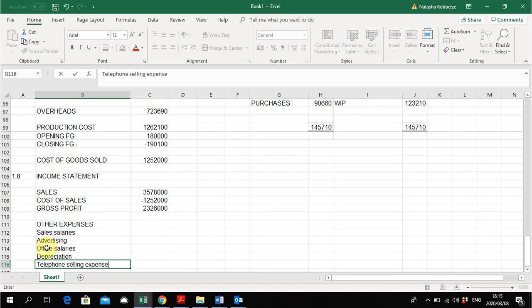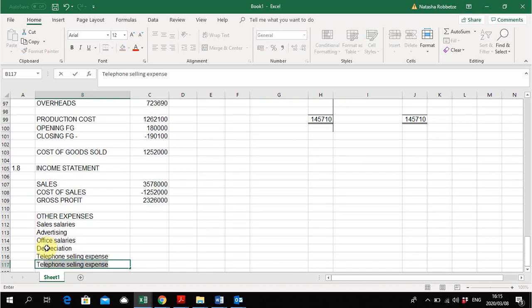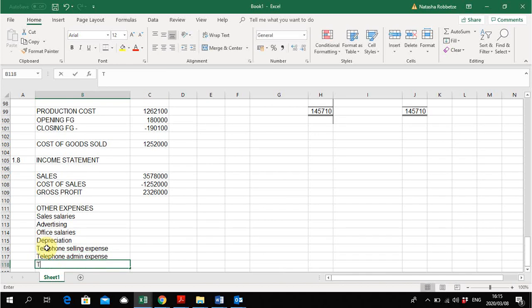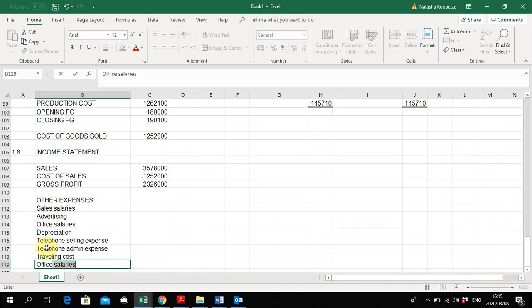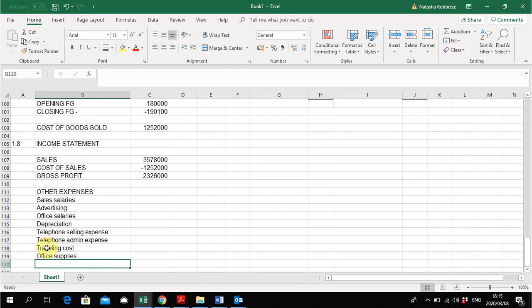Then there's also a telephone admin expense. Then there's some traveling cost. There is office supplies and some other admin expenses.